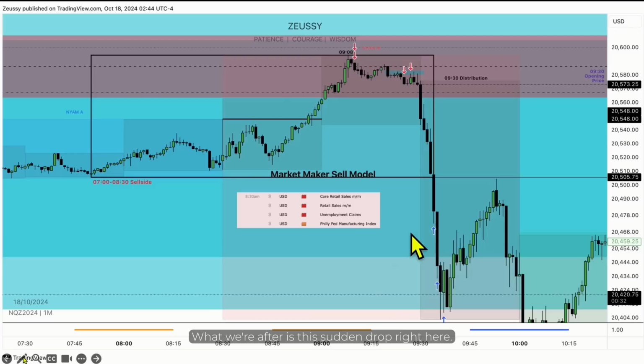What we're after is this sudden drop right here. This is the move that we're interested in. It's the most aggressive and volatile move within that period of time. Therefore, when you see 9:30 open up that aggressively and the opening range from 9:30 to 10 AM is so explosive, be mindful for trading the remainder of the morning session.